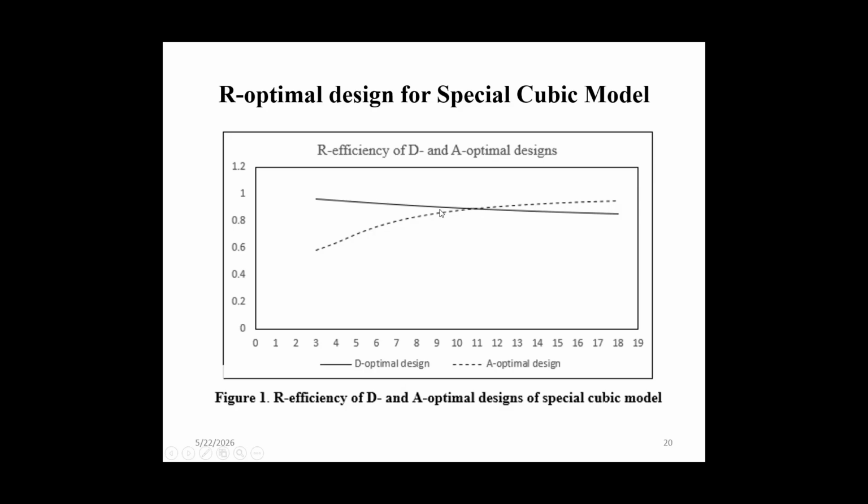So if you are thinking of a dual optimal design, especially R-optimal together with either D or A, then for q equal to 3 to 11 you can think of D-optimal design, whose R-efficiency value is very close to 1. And for 11 to 18, you can think of A-optimal design as an alternative design which has higher efficiency value.